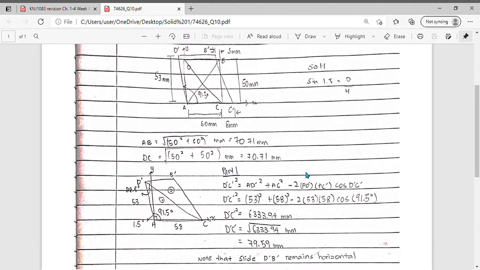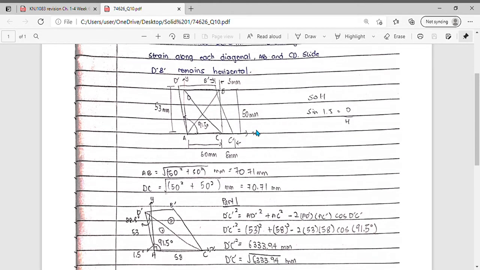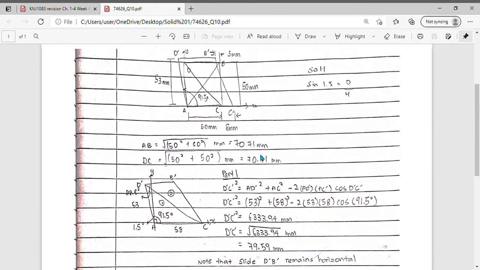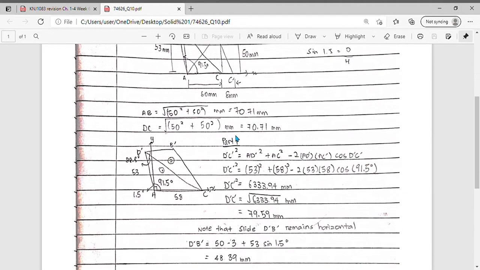After we have found the diagonal lengths of the original shape, now we can proceed to find D prime C prime and AB prime. In part 1, I can find D prime C prime first.